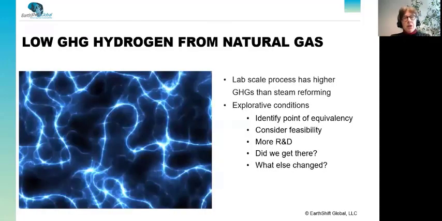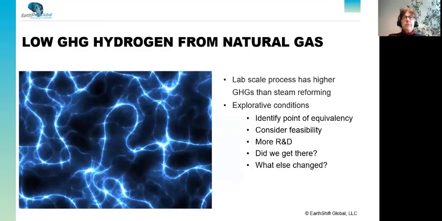We also worked with a small company that was looking to develop hydrogen from natural gas, but reducing the greenhouse gas emissions drastically from steam reforming.